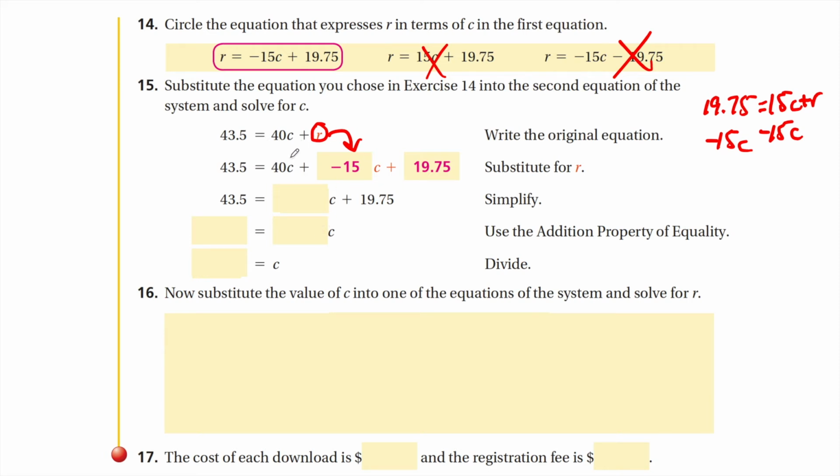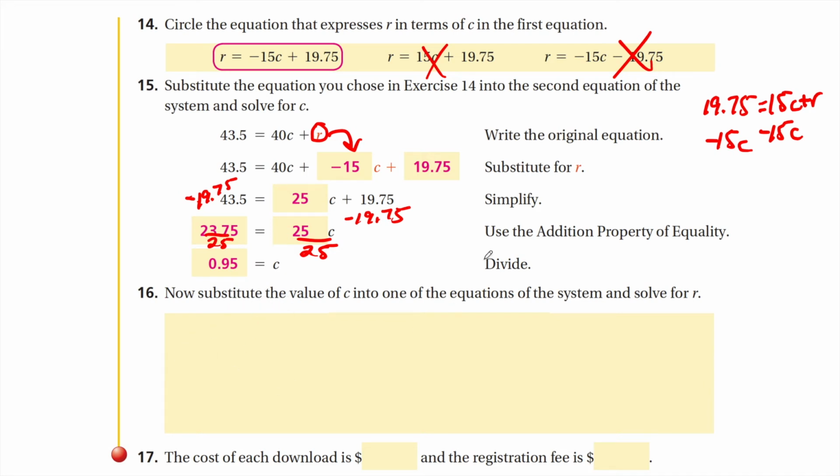Combine like terms, 40 minus 15 will give us 25C. We're going to subtract the 19.75 from both sides, which will give you $23.75 is going to equal 25C. Divide both sides by 25, and you'll get around 0.95 is going to equal your C value.